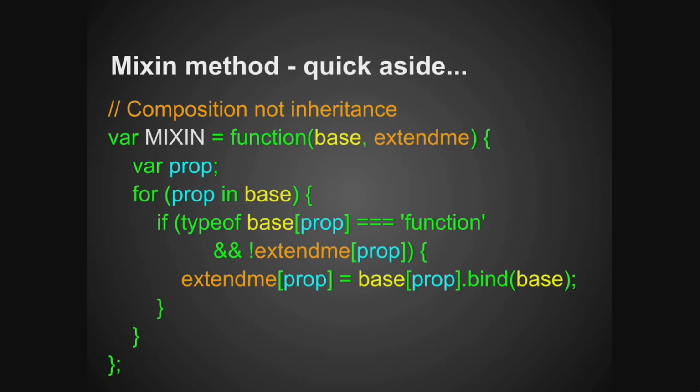What this method does is take all the methods from a base object and automatically add them to a different object. We just blow through all the properties in our base object, and if we find one that's a method and that doesn't already exist in our current implementation, we stick it on the current object. We'll see how we use this in a second.